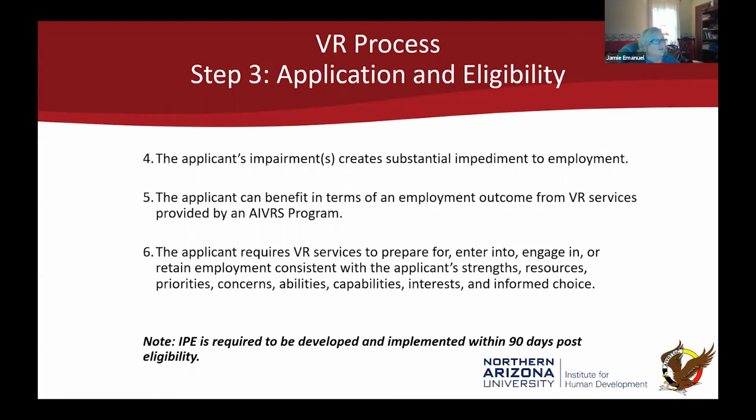And then the final, number 6, the applicant requires VR services to prepare for, enter into, engage in, or retain employment consistent with the applicant's strengths, resources, priorities, concerns, abilities, capabilities, interests, and informed choice. Or as we say in VR world, the grade 8.